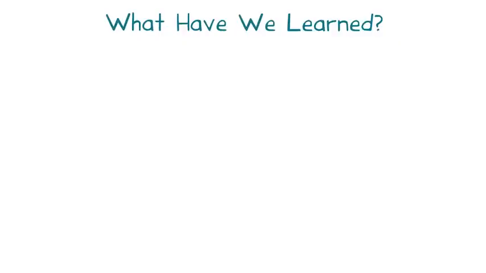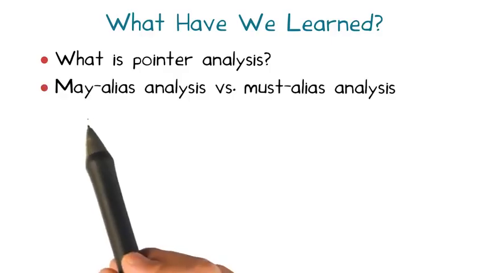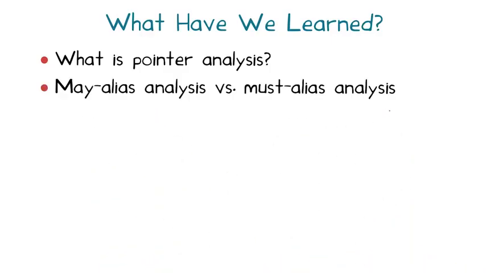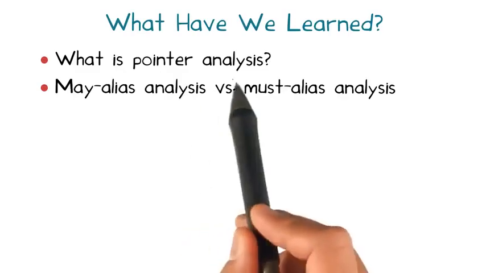Let's recap the main topics that we have covered in this lesson. You saw at a high level what pointer analysis is, a procedure for proving facts of the form pointer x and pointer y do not alias. You saw the difference between a may-alias analysis and a must-alias analysis. Since may-alias analysis is less technically demanding and typically more useful in practice, it is what we refer to when we say pointer analysis.